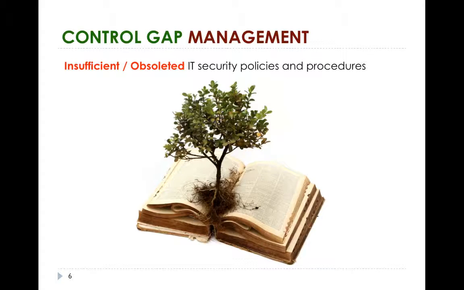So the auditor will assess whether the control requirement is required by a regulator or by the internal policy and procedure defined by top management. So ensure that all IT people and business users comply with the policy and procedure.